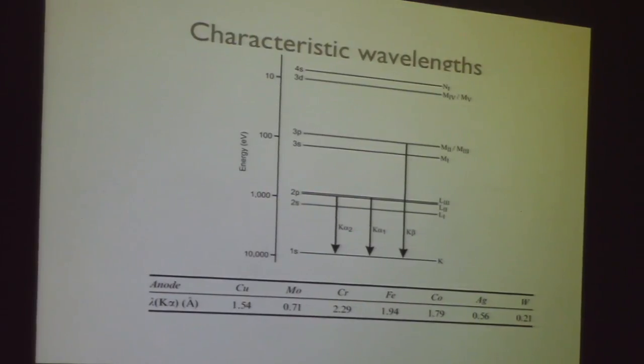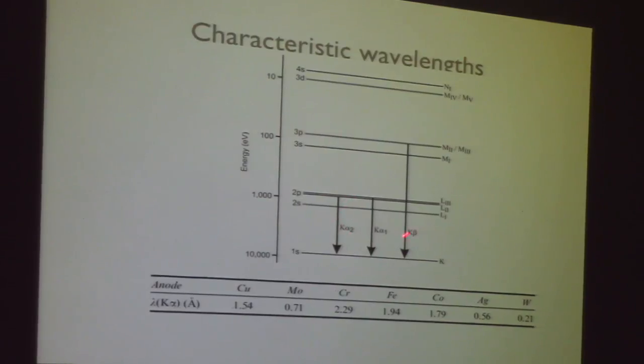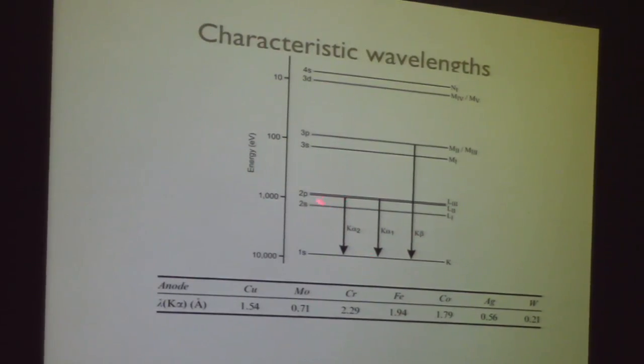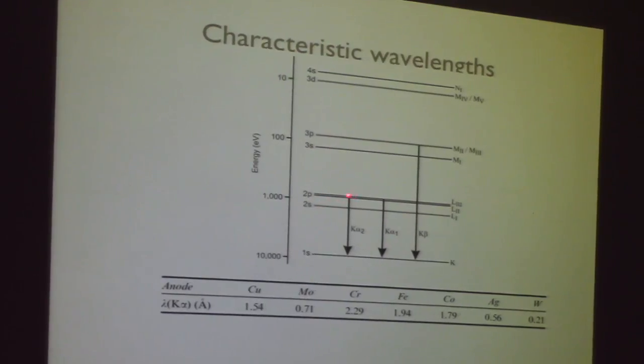You have to conserve momentum during this process, and the outgoing photon has a momentum, and that is exactly the momentum you get from going from a p to an s level. So it's physically impossible to do a 2s to 1s transition that will emit an X-ray photon.